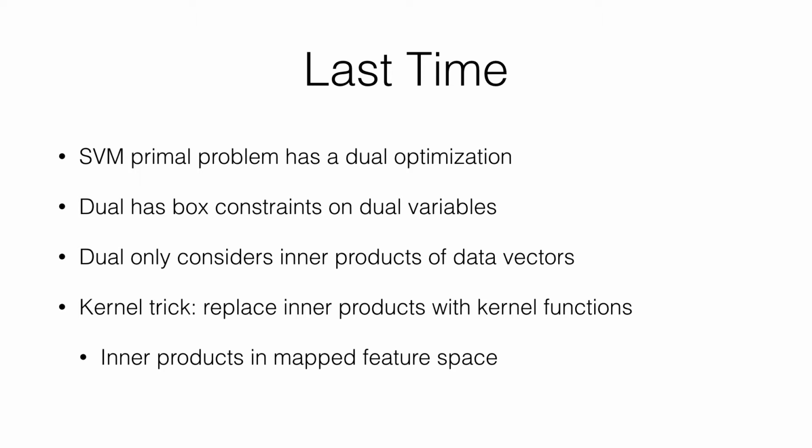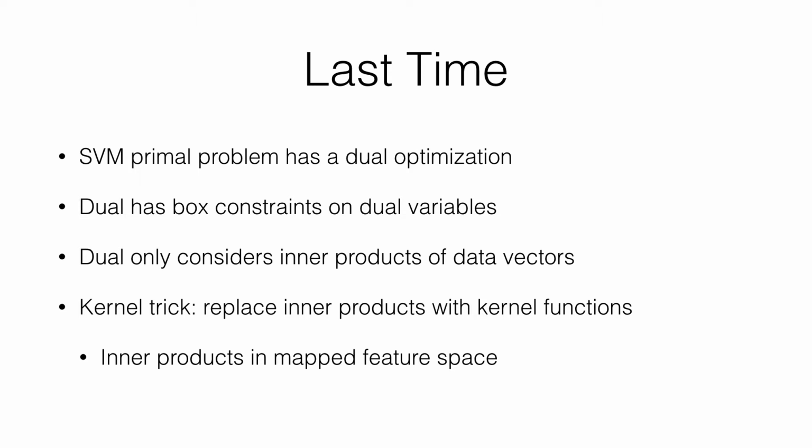So that leads to the idea that we can replace those inner products with kernel functions. And the idea is that a kernel function is going to be some function that relates two data examples or data vectors such that it represents some form of inner product in some other mapped feature space.